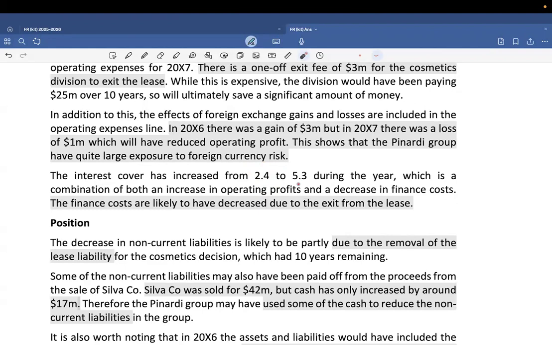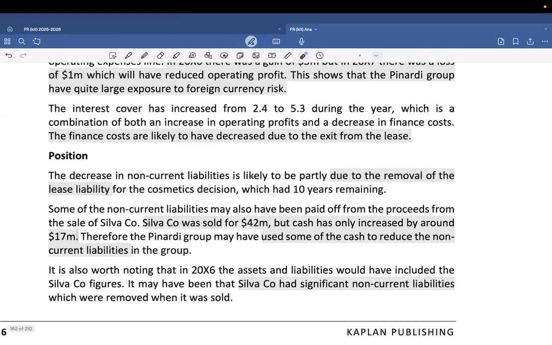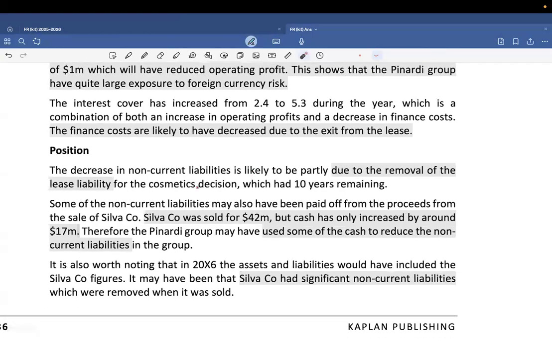And this is because you're no more paying interest on the lease. That implicit interest that you're showing in the FS is no more, because the lease is out of your hands now. So this might have contributed to the interest coverage ratio increasing. Now we're going to come on to the SOFP part.